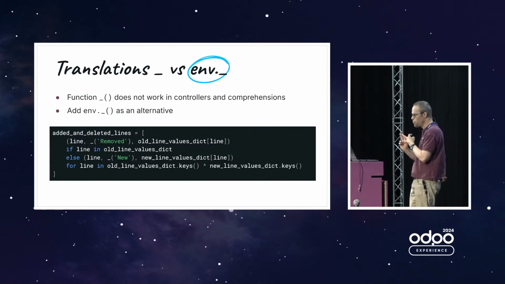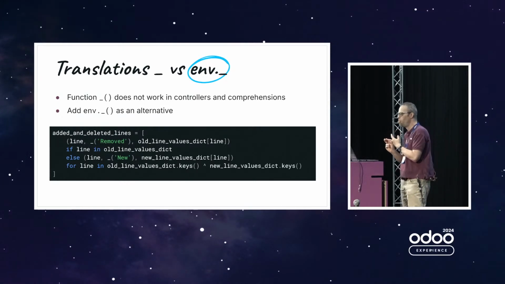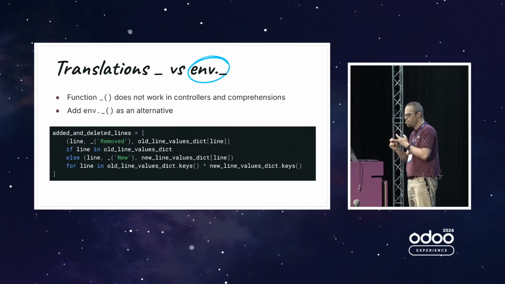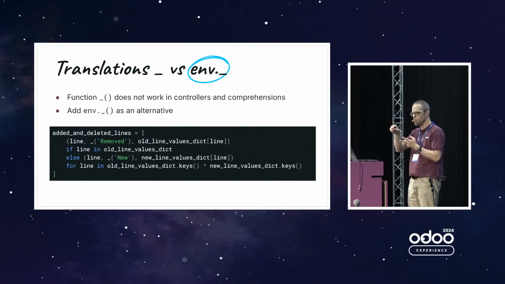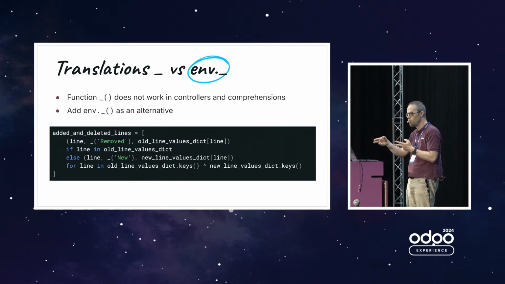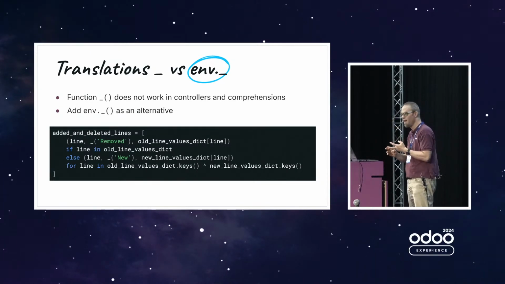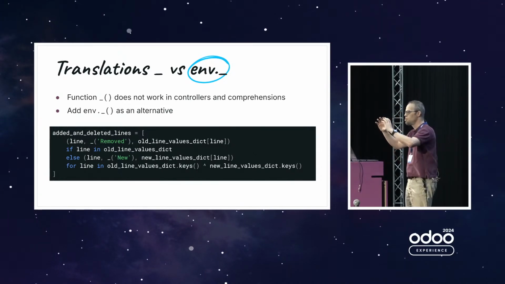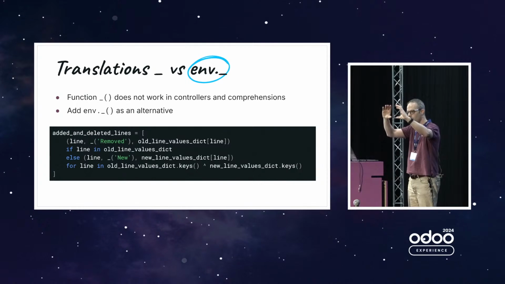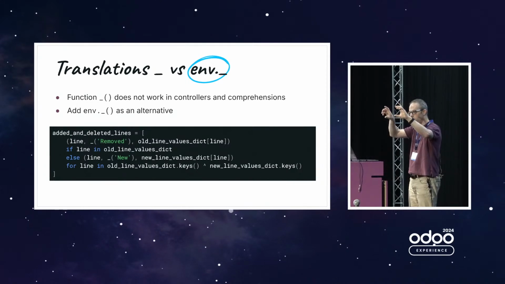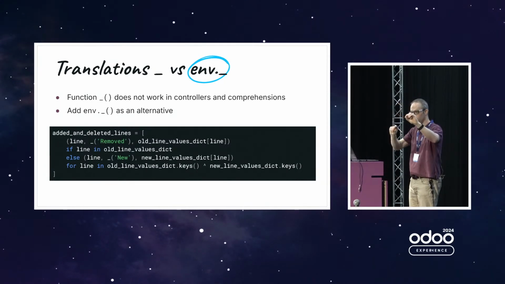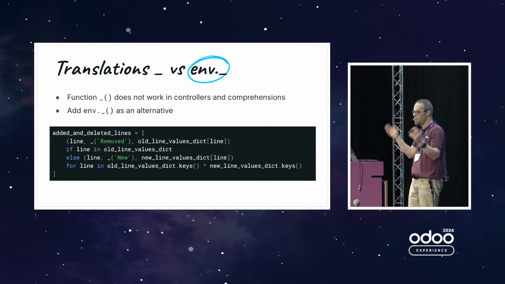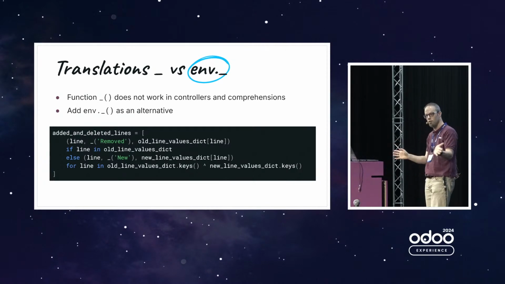Also, and this is a Python implementation issue, if you use underscore in a list comprehension or dictionary comprehension, it wasn't working either, simply because the comprehension is executed as a separate stack frame, and that stack frame does not contain self. If it does not contain self, you don't have access to an environment, and therefore the underscore function cannot work.